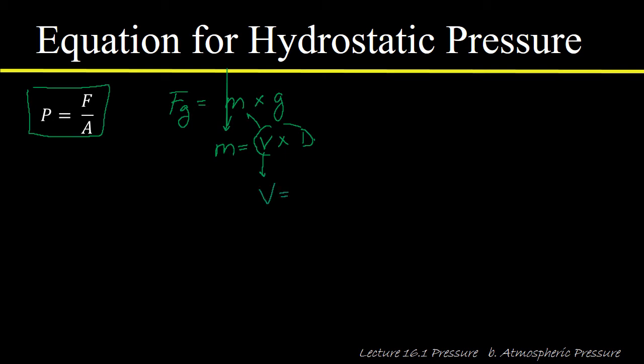The volume, just like that prism in the last drawing, is the area times the height. So if we take area and height and substitute that in for volume, and then take volume and density and substitute it in for mass, what we end up with is the force.